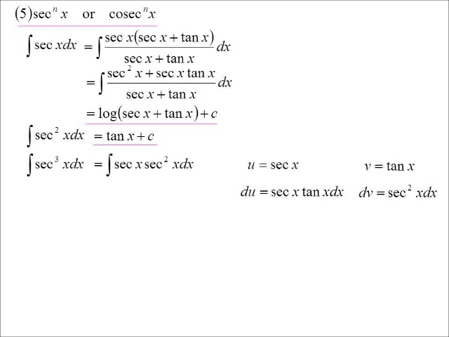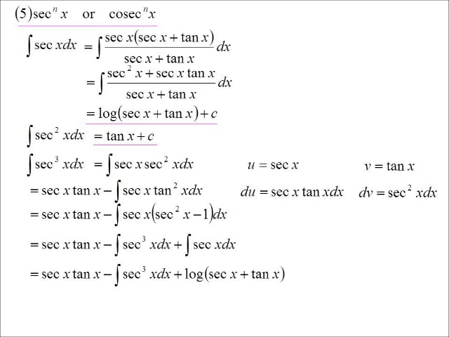So my integral becomes uv, sec x tan x, minus the integral of v du. Sec times tan squared. But the tan squared I can change to sec squared minus 1. So I now have sec x tan x minus the integral of sec cubed plus the integral of sec.